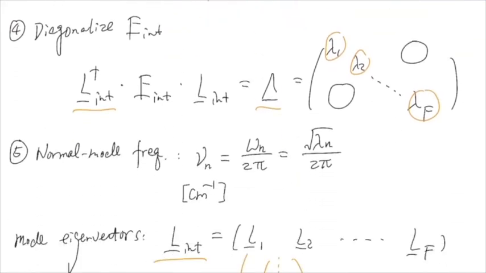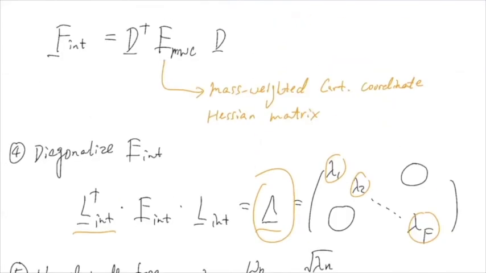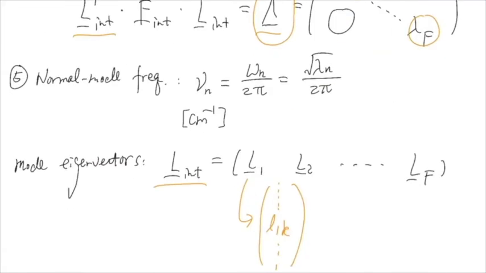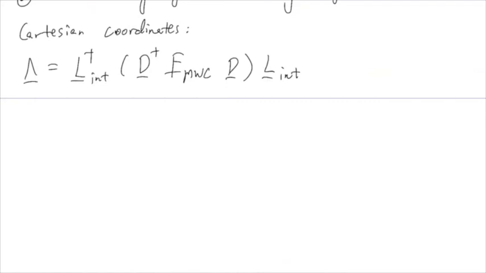Well, it's pretty straightforward. Now, capital lambda is your diagonalized matrix. If you plug in this transformation, you apply it in step 3 back into step 4, then lambda is, you have this transformation times d f mass weighted coordinate d l internal, right?